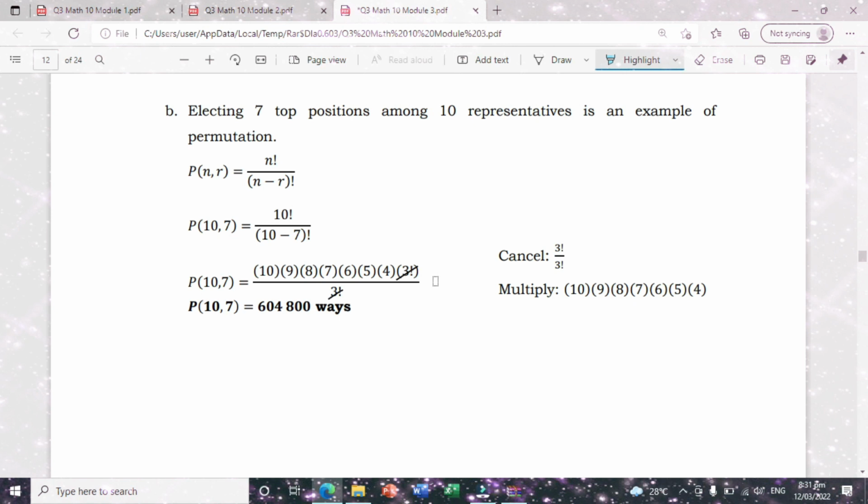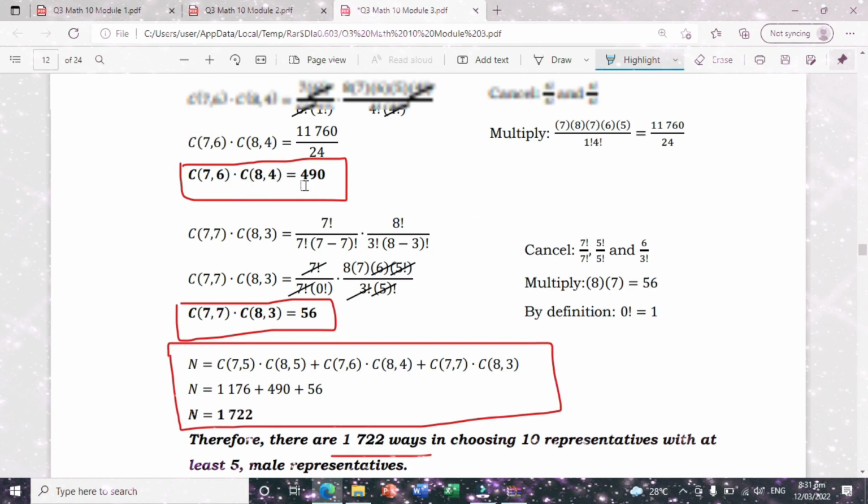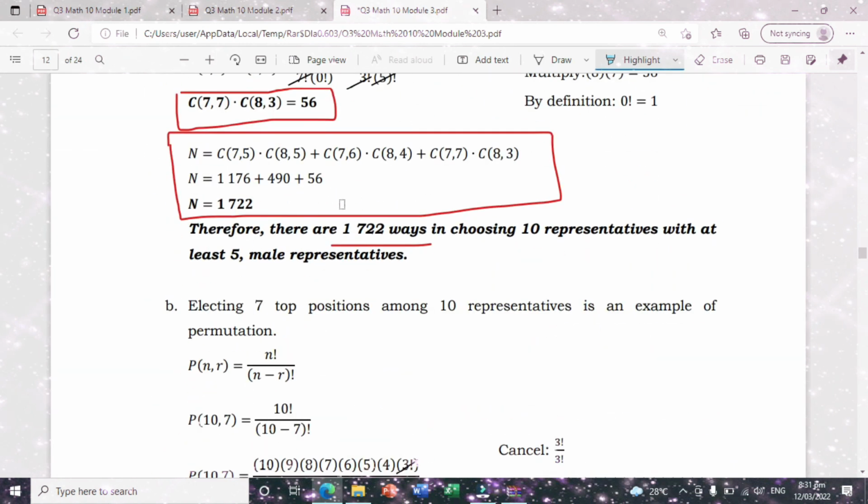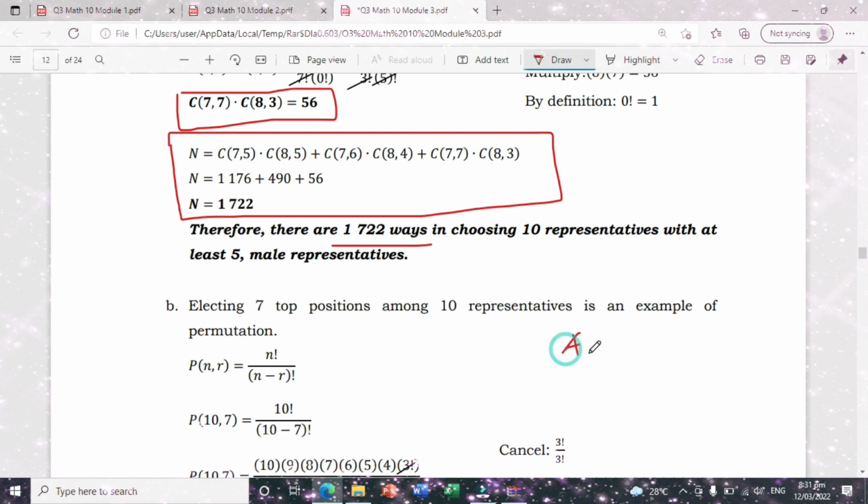So, ito na yung magiging solution natin. So, we are already electing 7 top positions. So, di ba kung si A ang naging ano ba yung una? Leader? Leader ba yun? Leader, palagay natin si A, yung leader, tapos si B naman yung assistant leader, it would mean different kung si B naman yung leader, si A yung assistant, di ba?